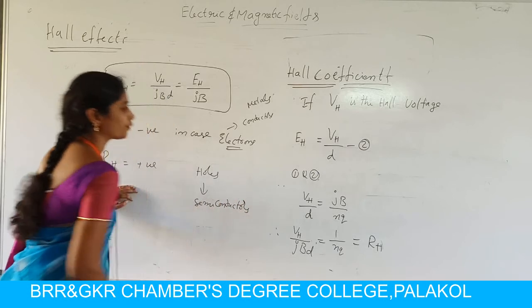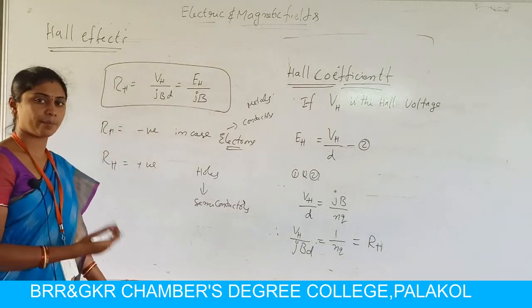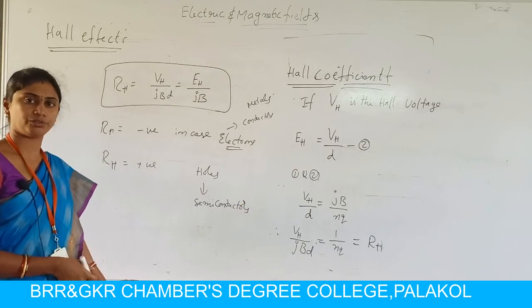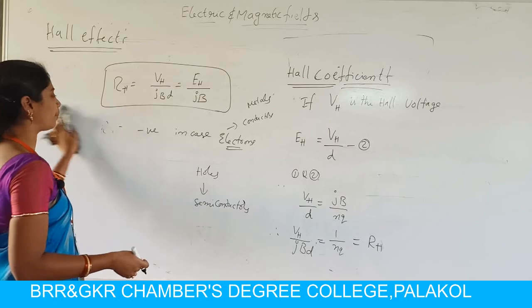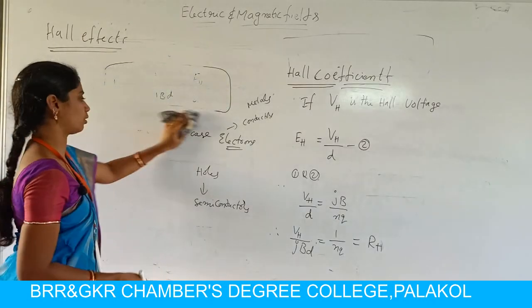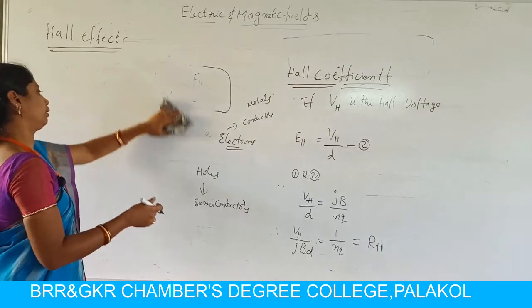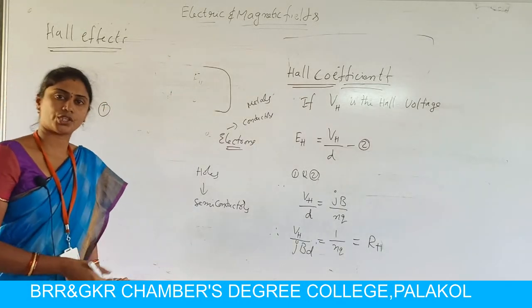So this is the Hall effect, and the Hall EMF we have found, and the Hall coefficient we observed. From this, there are some applications. By this effect we can say the nature of charge carriers.